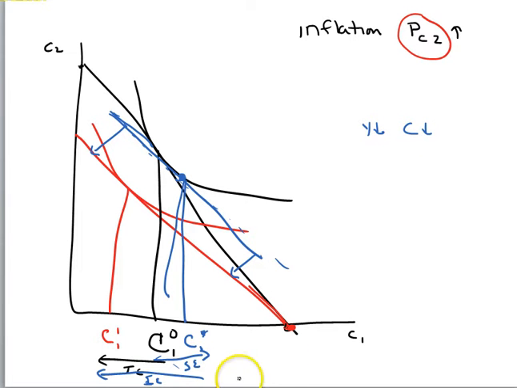So when prices increase in the future, I substitute out of current consumption. I have less real income, so I buy fewer goods. And in this particular example, the income effect was bigger than the substitution effect, and an increase in prices tomorrow actually decreased consumption today. Now, it all depends on how big the price increase is expected to be and what your preferences are.